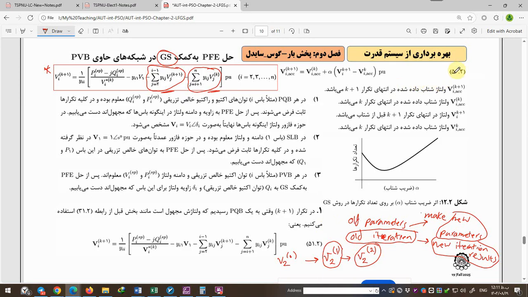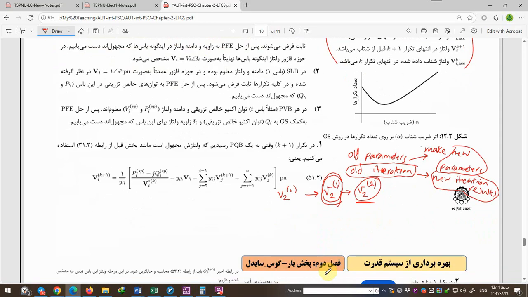In the accelerating parameter, we change the old parameters to achieve the final amount of V2.